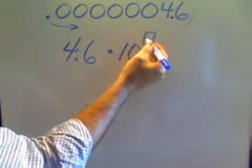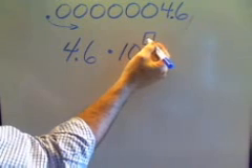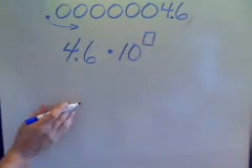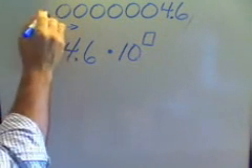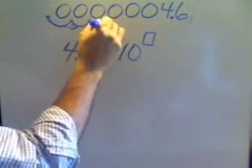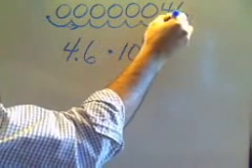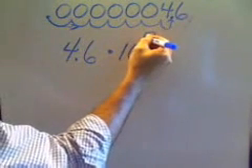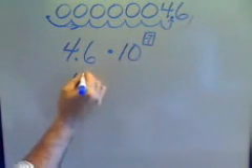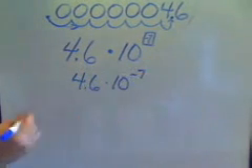We're still going to count exactly the same way, but instead of using a positive exponent, which makes a number bigger, we're going to use a negative exponent, which makes the number smaller. Count in exactly the same way. 1 place, 2 place, 3, 4, 5, 6. We moved it 7 places, and so we're going to make this negative 7. 4.6 times 10 to the negative 7.